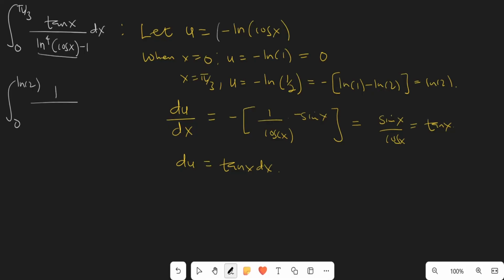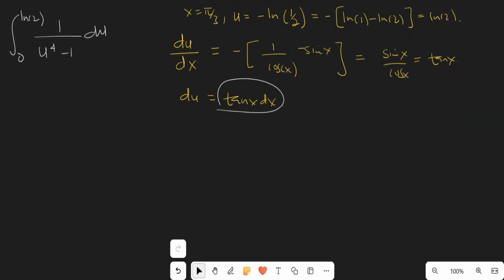So if we are raising to the power of 4, that is going to give you positive ln raised to the power 4 of cosine of x. So this is really u raised to the power 4 minus 1, and then tan of x dx we are going to replace with du.